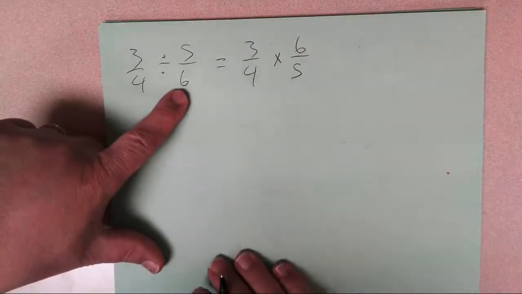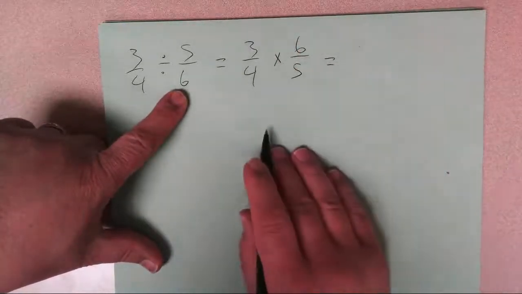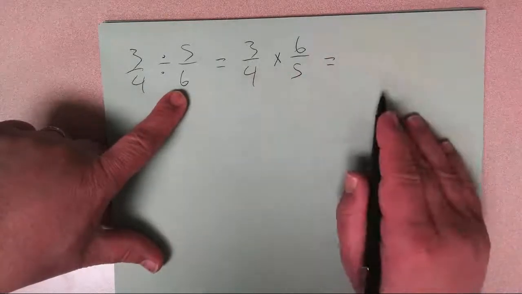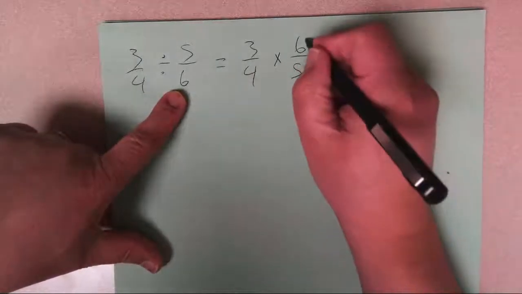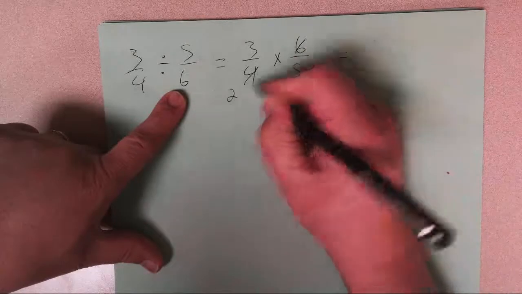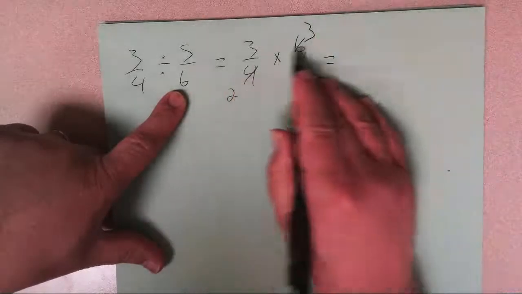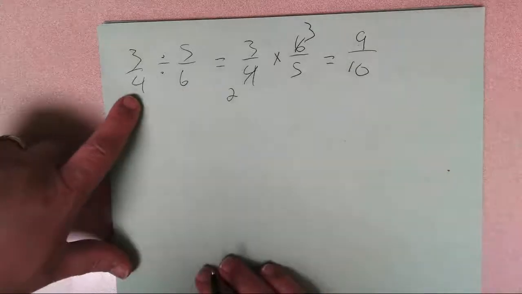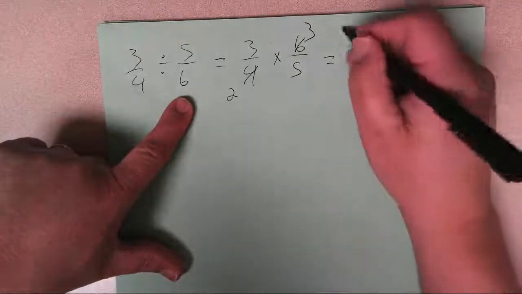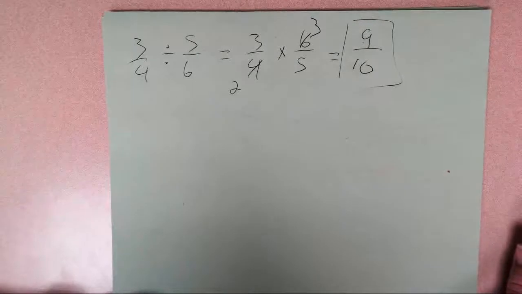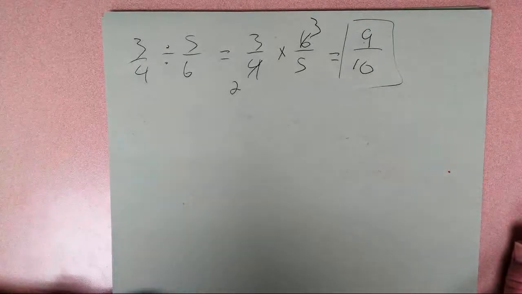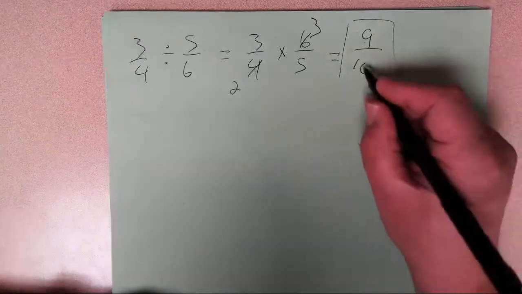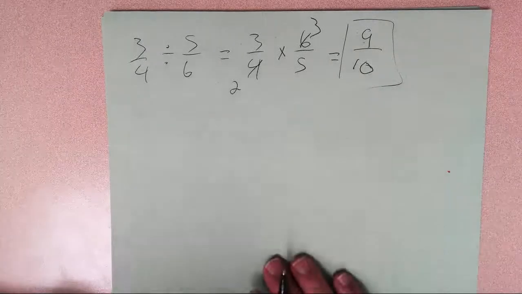You flip over the second one. And now it becomes a multiplication problem. You multiply numerator and denominator, and I can cancel out a 2 here, and I would get 3 times 3, which is 9/10. So 3/4 divided by 5/6 is 9/10. So that's how you divide fractions.